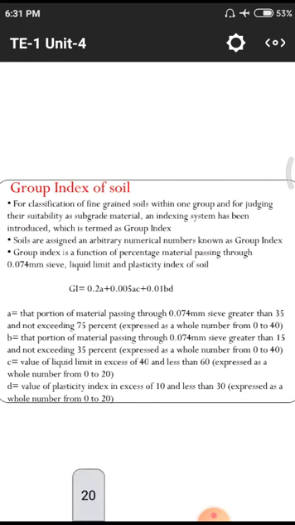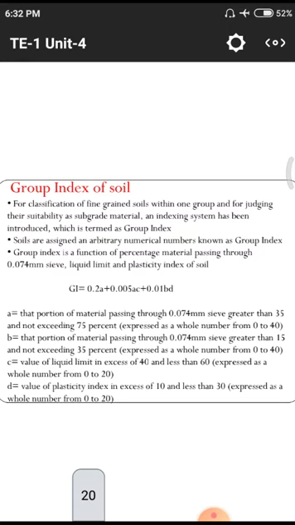Okay, C is related to liquid limit and D is related to plasticity index, but in case of C the limit will not exceed 60% and not be less than 40%. This is also a whole number between 0 to 20, and D is the plasticity index, which will not exceed 30% and not be less than 10%, expressed as a whole number between 0 to 20.